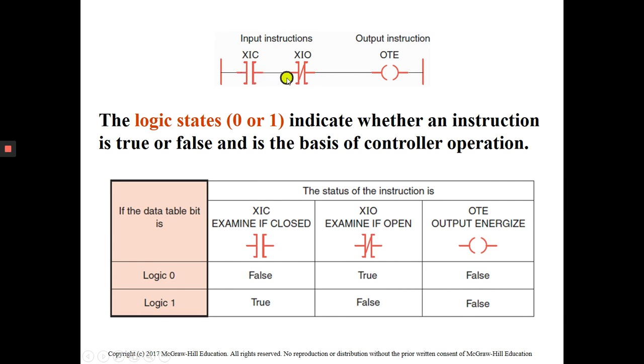If one of them is false, the output will be false, or de-energized. For example, false true gives you false, true false gives you false also. In order to get true or energized for the output, you must have both input instructions true, this true and that true.